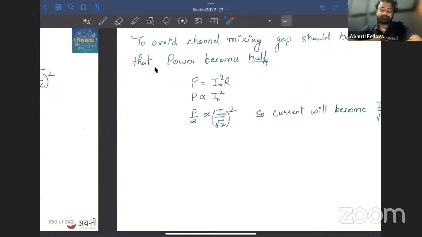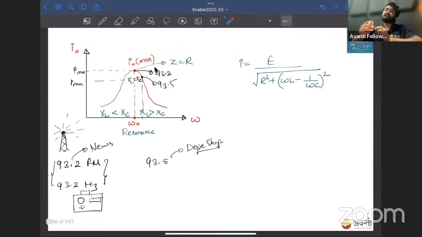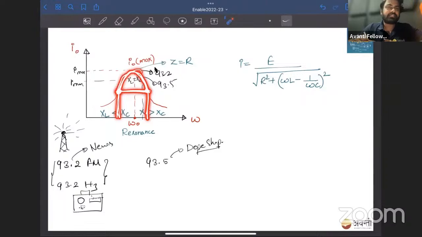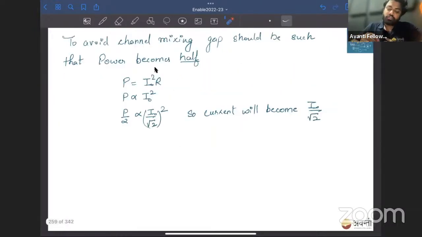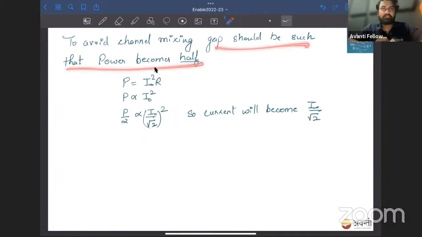Okay, so look here. Power is halved means somewhere here it will be. So there is a frequency range in which this signal is alone and no other signals will be coming. That is called bandwidth. Okay, I'll tell you. So to avoid channel mixing, a gap should be given such that power becomes half.